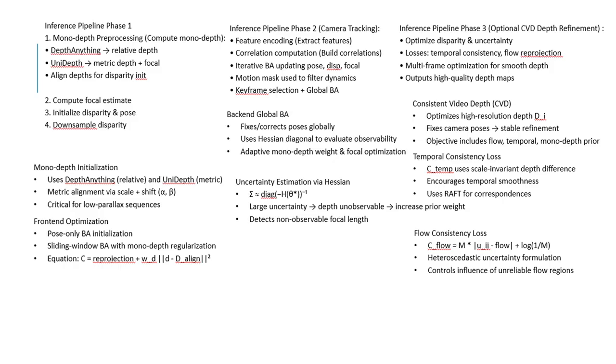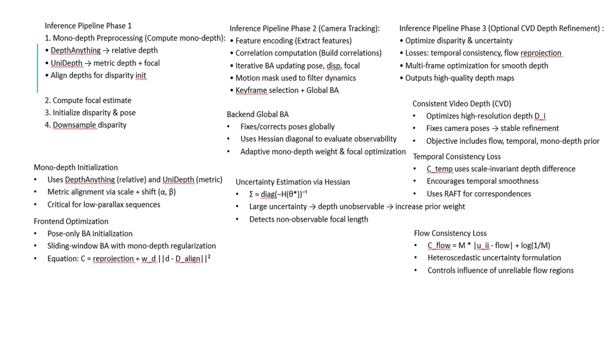What is uncertainty estimation via the Hessian? Large uncertainty describes depth that is unobservable, which implies increased prior weight, and this is able to detect the non-observable focal length. Now what is CVD? The consistent video depth module optimizes the high resolution depth, fixes camera poses to get a stable refinement, with objectives including flow, temporal and mono depth prior.